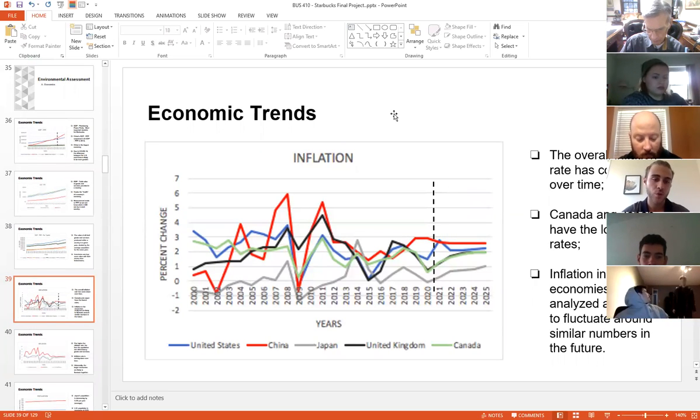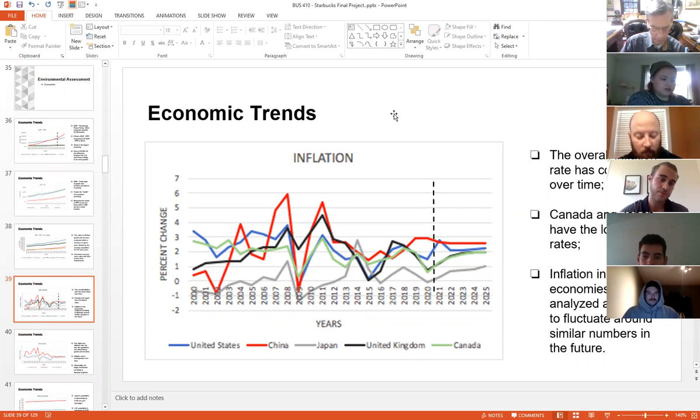Yeah. So, inflation. The graph shows that the overall inflation rate has come down over time, and inflation is important for Starbucks because the higher the inflation rate, the less money the population of that country will have to afford luxury goods. So inflation directly affects Starbucks sales.